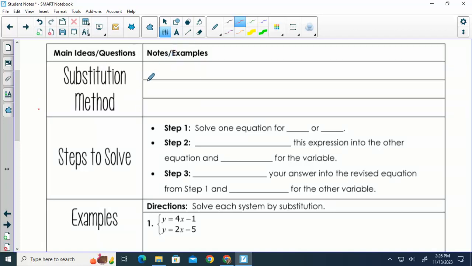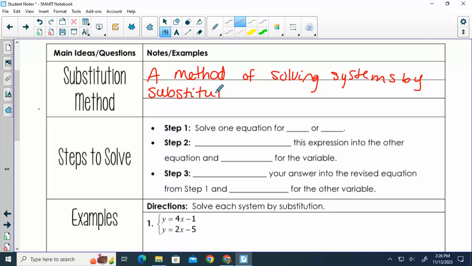Substitution is a method of solving systems by substituting equations into one another. So we're going to do it using what we know about solving equations instead of what we know about graphing.